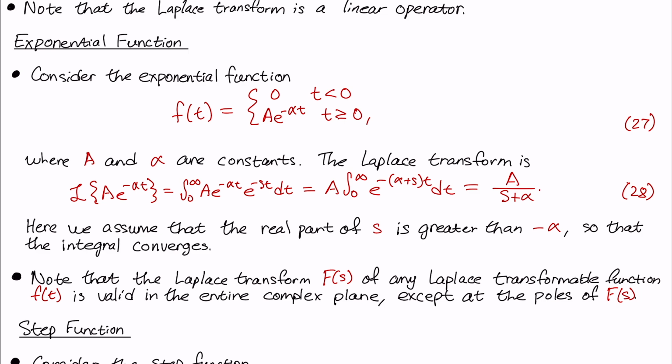So the key thing here is that the Laplace transform f of s of any Laplace transformable function is going to be valid in our entire complex domain except at the poles of f of s. And in equation 28, minus alpha is the pole for that system. So we obviously cannot compute our Laplace function, which goes to infinity when s is equal to minus alpha, and hence why it's no longer valid at that point.